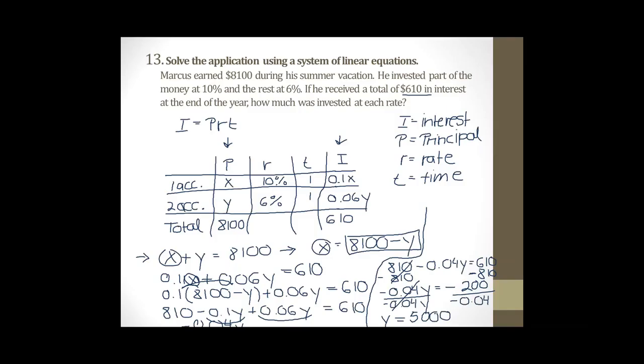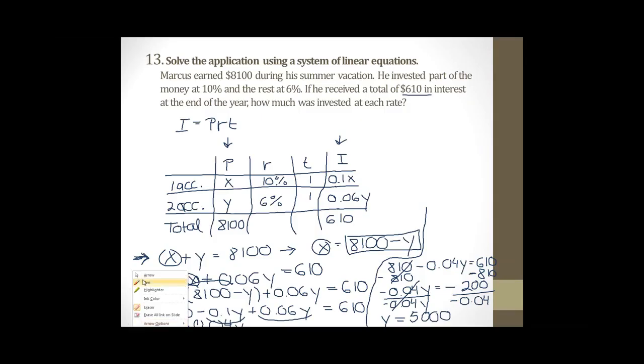Now I need to go back to one of my original equations, and I'm going to pick the first one because it's just easier to find my x value. Let me just use my eraser real quick to erase something that we don't need anymore. So we figured out what these letters meant. And using the first equation, which was x plus y equals 8,100, and plugging in my y value, I should get my x.